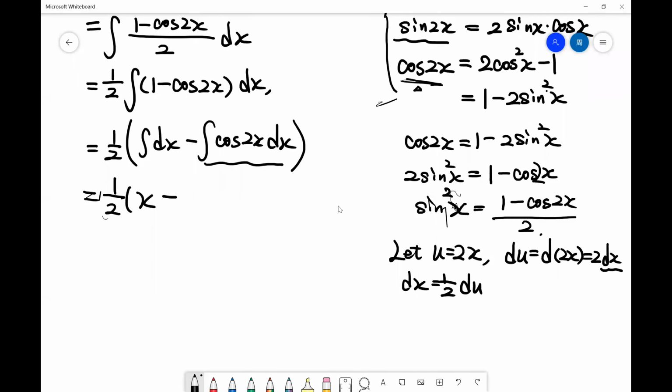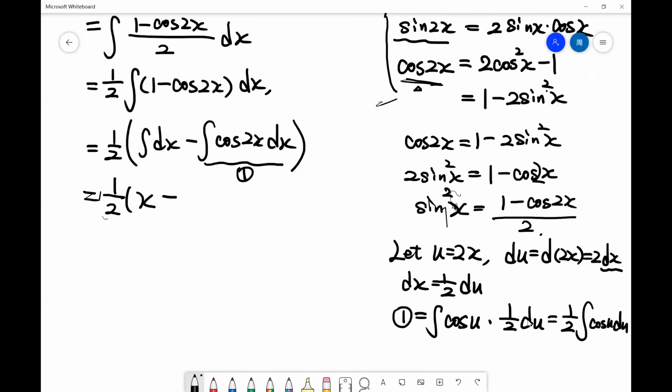So we know that if I mark it 1 here, the integral 1 here equals the integral of cosine u times dx. That means 1 by 2 du, right? And 1 by 2 can be taken out. That is cosine u du.